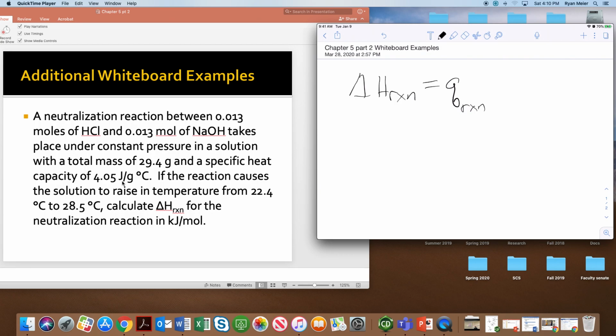Even more particular, if our units need to be kilojoules per mole, the other piece we're going to see is that when we go to calculate our delta H, Q is typically just in units of joules, or kilojoules if we put it in kilojoules. So to get that moles part, we have to divide the Q of our reaction by the moles of our limiting reagent.